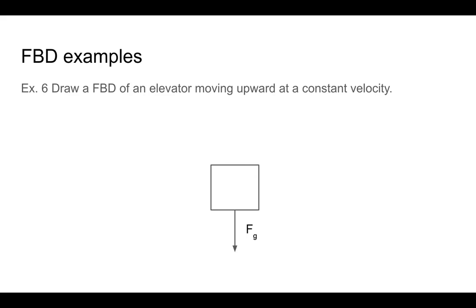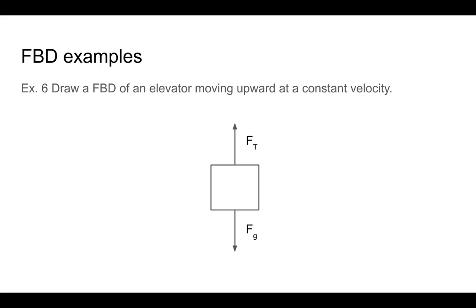So this object is in motion at constant velocity. Because we have no acceleration here, we have no unbalanced force, which means that the upward force has to equal the downward force, and we have balanced forces. So I am going to draw a force vector the same size as the force of gravity, and again, this is the tension force upward because we know that it's the elevator cable that's causing that motion.